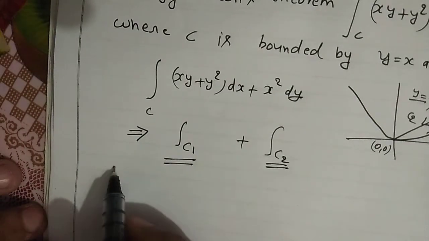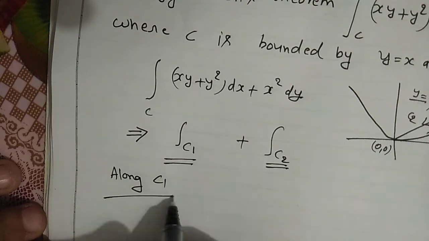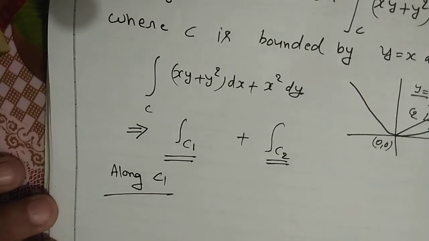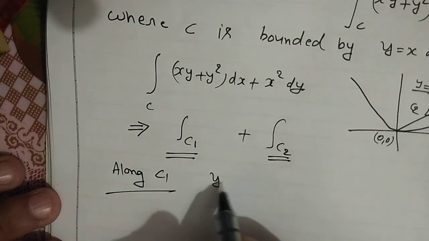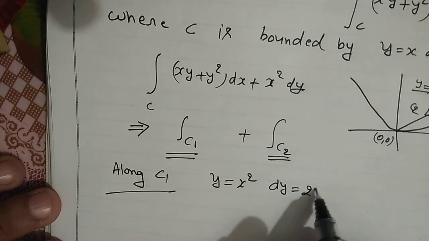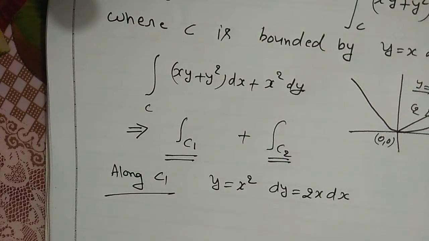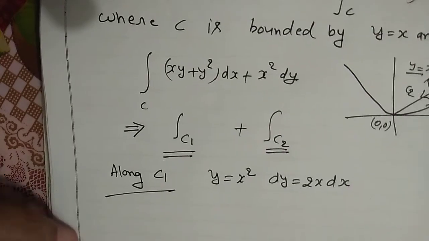Let us first take C1. Along C1, y equal to x square, so dy will be 2x dx.